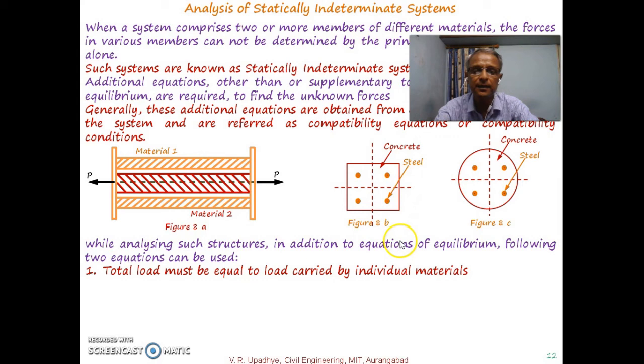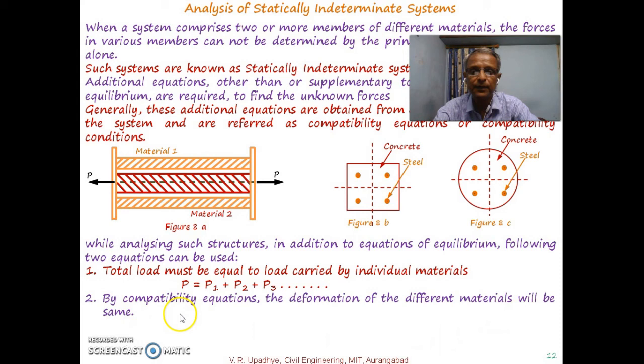So total load must be equal to the load carried by concrete and the load carried by steel. So what can be written? If n number of materials are there together, then total force P must be equal to P1 plus P2 plus P3, whatever is taken by that particular material.